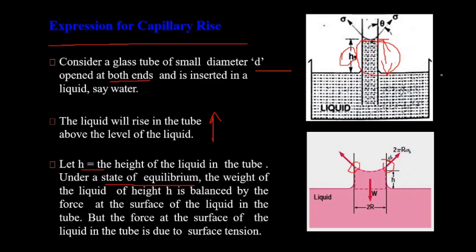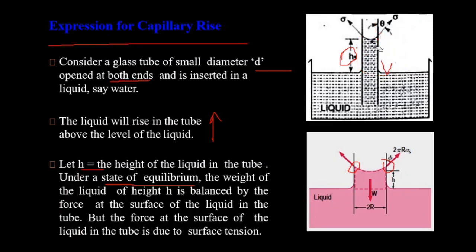So it should be balanced by the force at the surface of the liquid in the tube. But the force at the surface of the liquid in the tube is due to what? In any liquid surface, what is the force? It is surface tension. The force at the surface of the liquid in the tube is due to the surface tension.